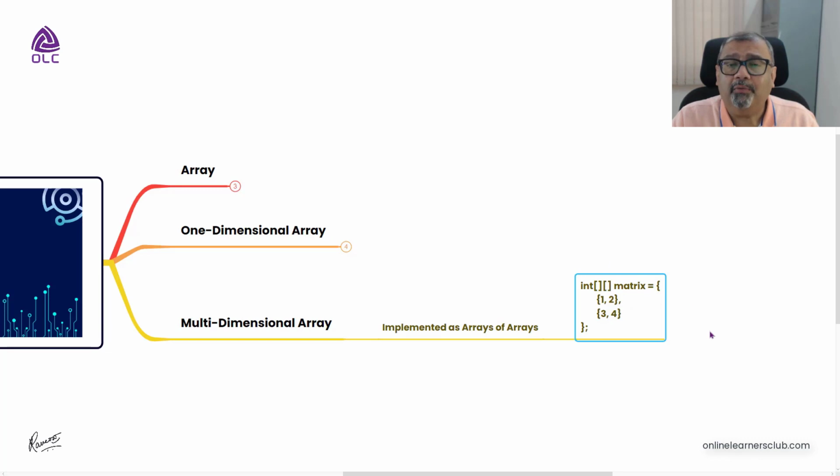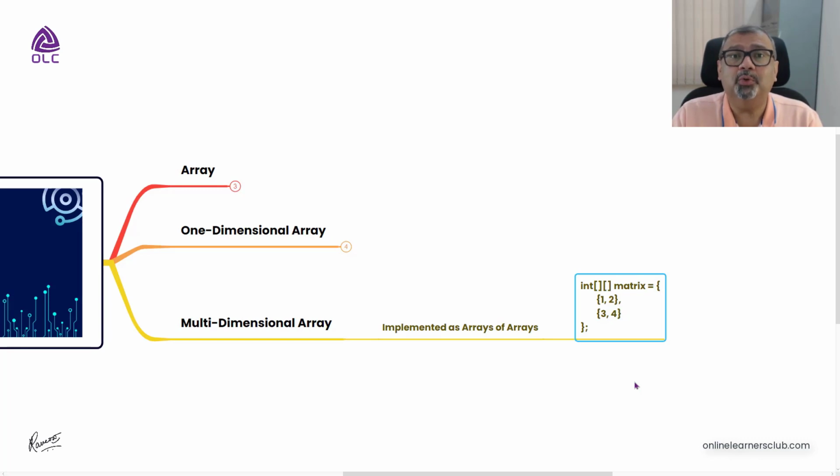In this example, we have the declaration as well as the complete initialization given here. By this, Java understands that you have defined a 2 by 2 array. Using this 2x2 array, I can also access the data.